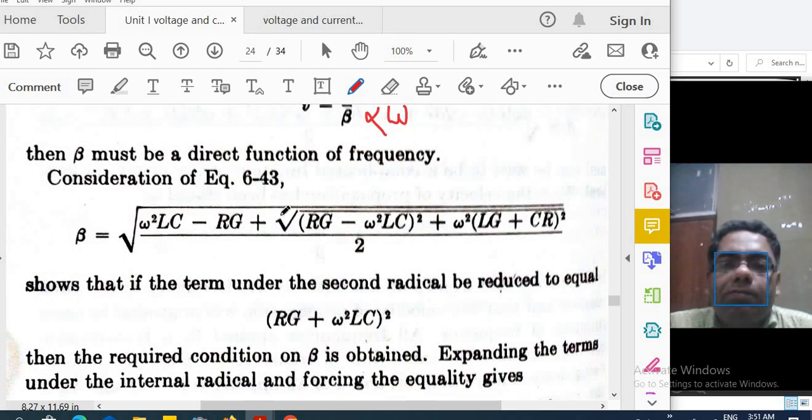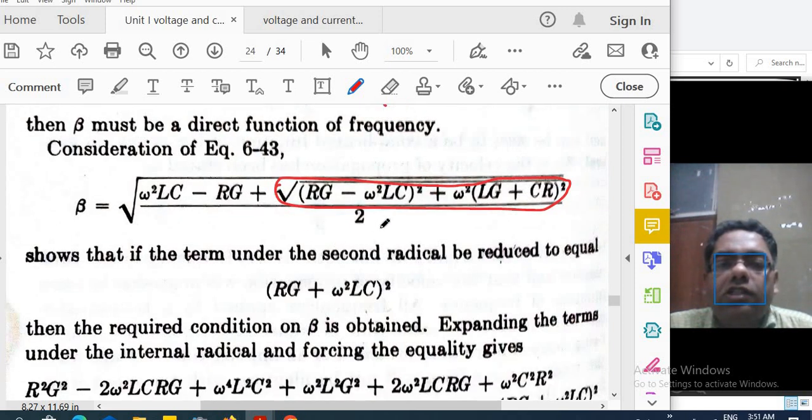Inside the second square root, if I write this term as rg plus omega square lc, then rg will cancel, and omega square lc plus omega square lc will become 2 omega square lc.